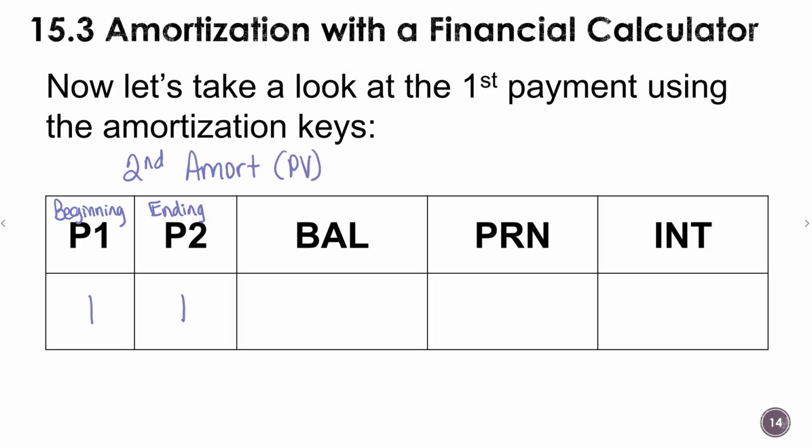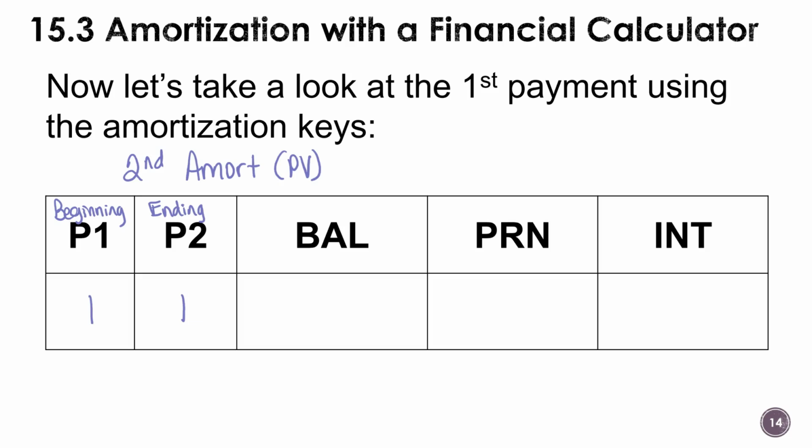So you're going to click second PV. For payment 1, our beginning payment, P1, we're going to put a 1. Push your enter button, right? You have to use the word enter. Then scroll down and make sure you have a 1 in P2 and use your enter key there.